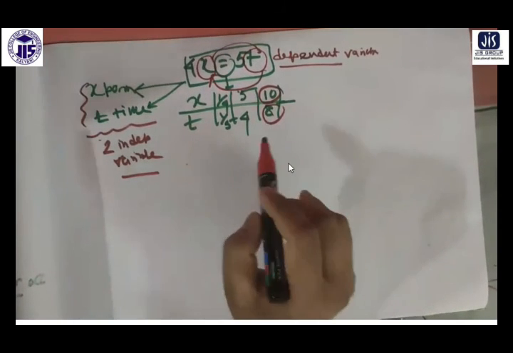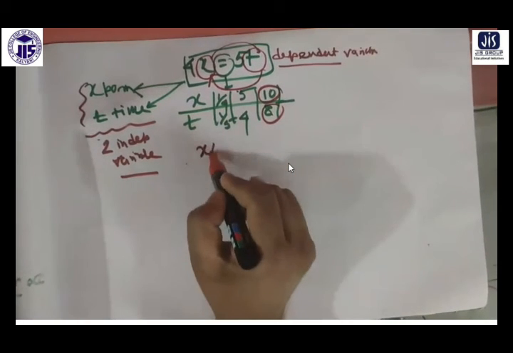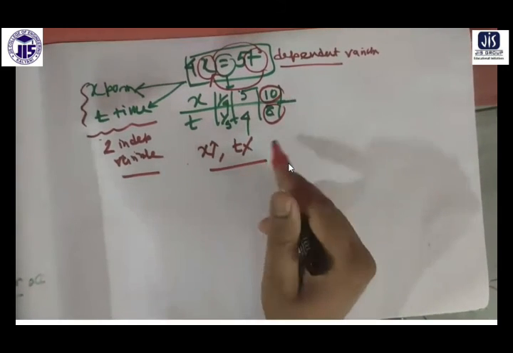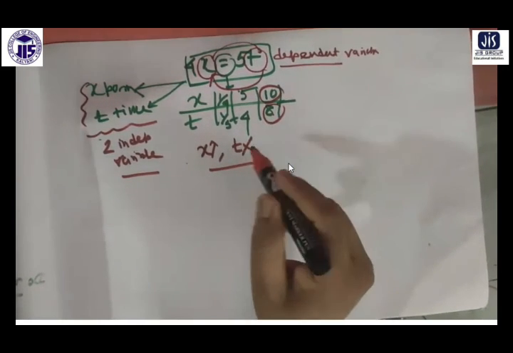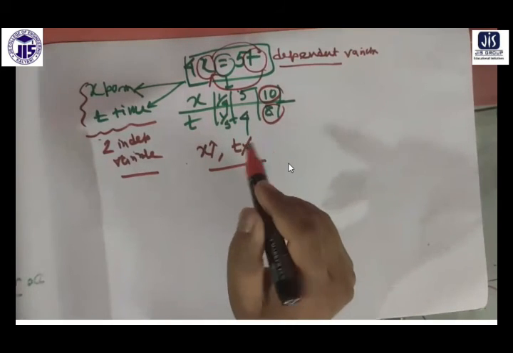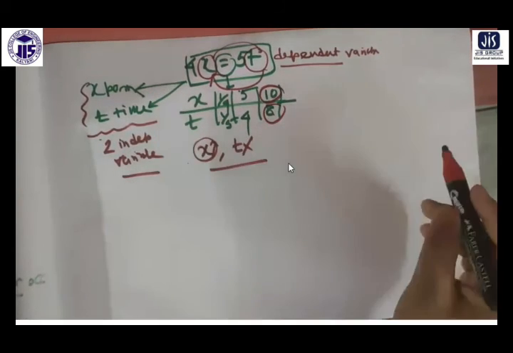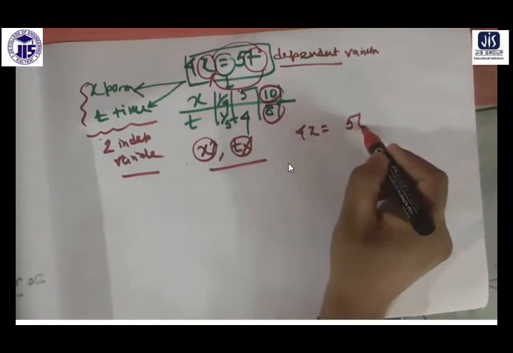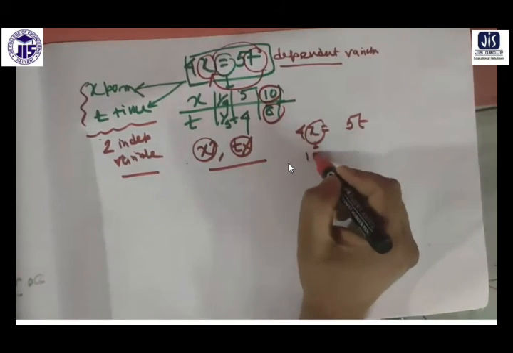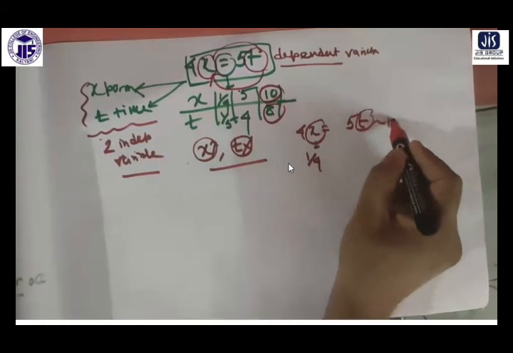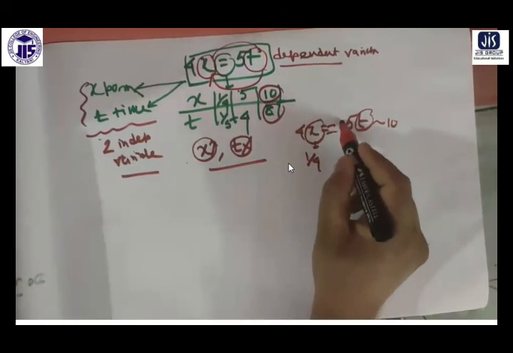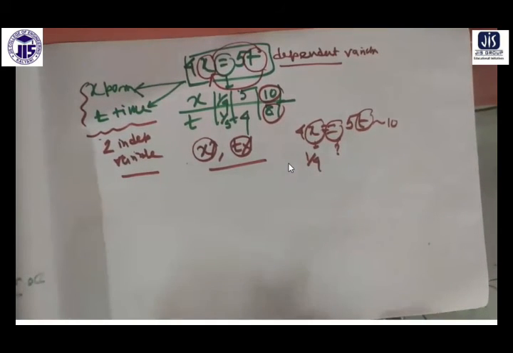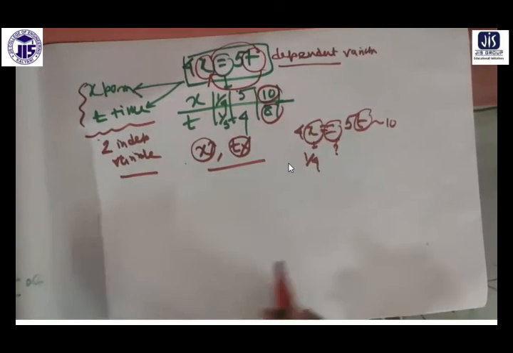Independent variable means even if x changes, t does not bother about that, and if t changes, x does not bother about that. So the question is, if that is the story, what would happen? If I have the equation 4x equal to 5t, suppose x varies and becomes 1 by 4, and t says no, I will become 10, then who will be in danger? This equal sign will be in danger.